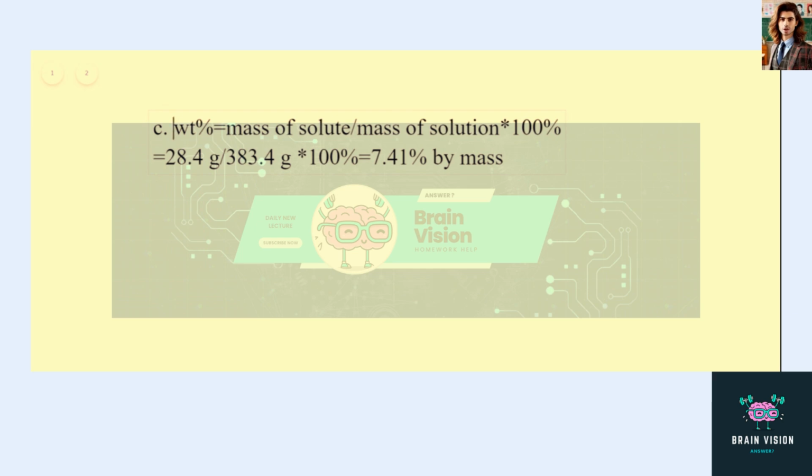Let's move on to the next concentration. Next, we need to calculate a mole fraction, and it's defined as amount of solute divided by amount of solution, which in our case, we don't know yet.